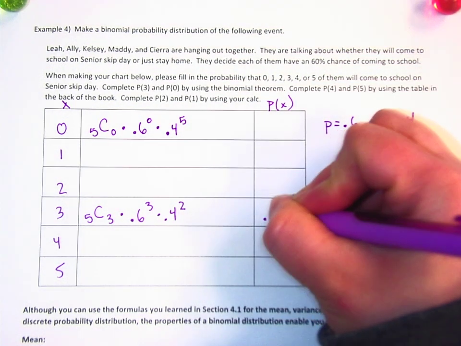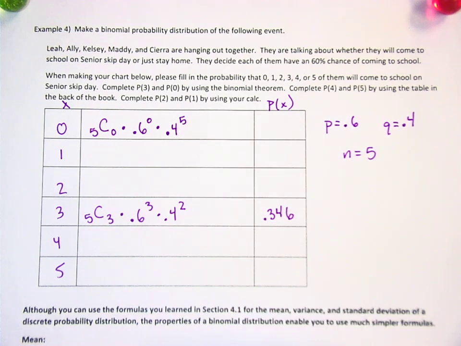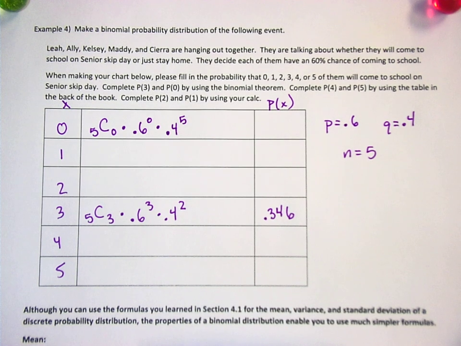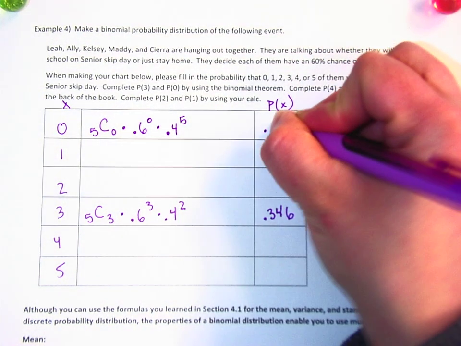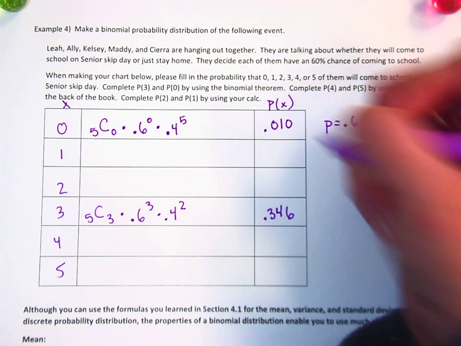I got 0.346 for that one. Chances that none of them come to school is not very good. Okay.